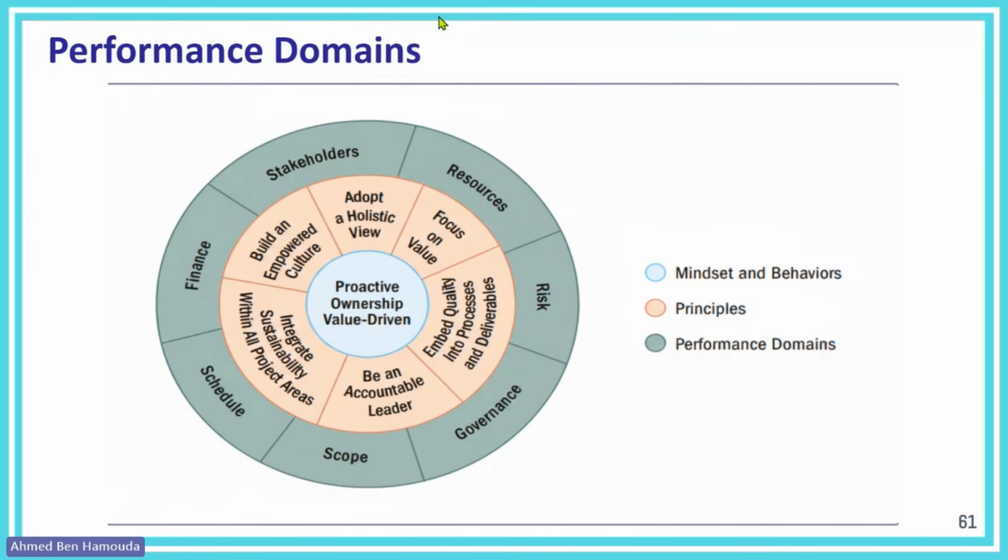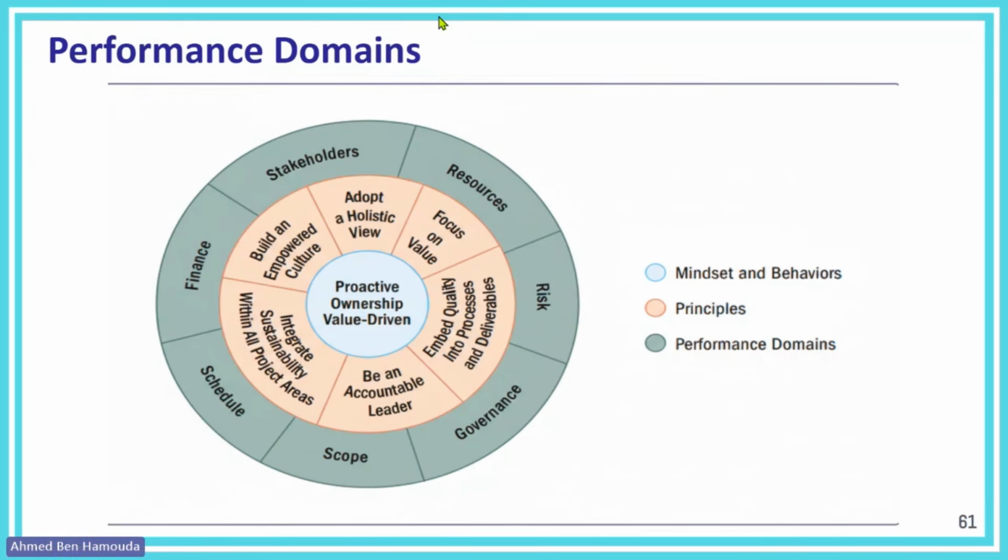Integration management, scope management, schedule management, cost management, quality management, resource management, communications management, risk management, procurement management, stakeholder engagement. Those are 10. Now, in PMBOK 8, we have 7, and we don't call them knowledge areas anymore. We call them performance domains, the same term we use in PMBOK 7.